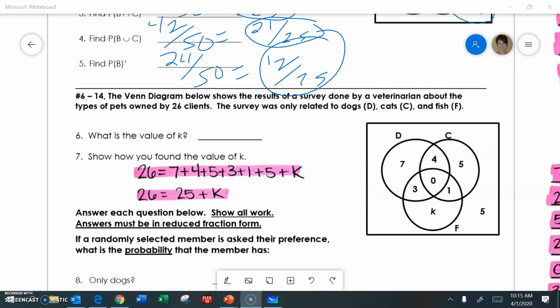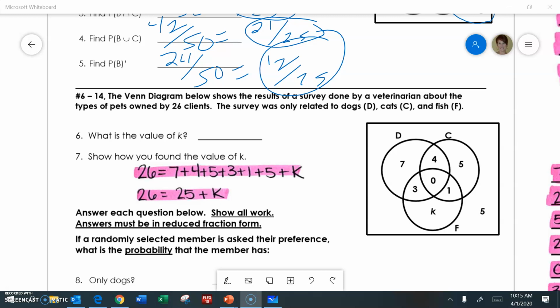All right, moving on to number 6 through 14. This time we have a Venn diagram, and it tells us that they had surveyed 26. So if you look at the survey for number 6, it's asking us the value of K. And I kind of already answered 7 down here. You'll see that it's highlighted.